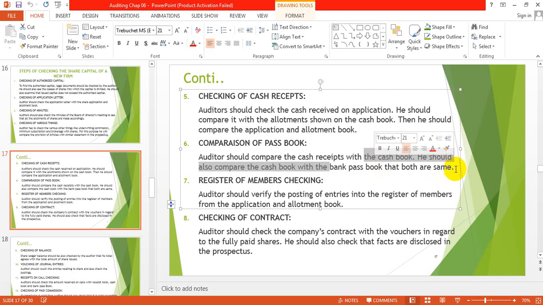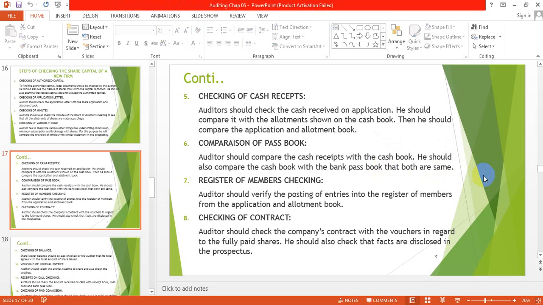If both are the same, it is fine. If there is some difference, then it shows that something has happened. So he is comparing the cash book with the passbook to make sure that this much money is received.